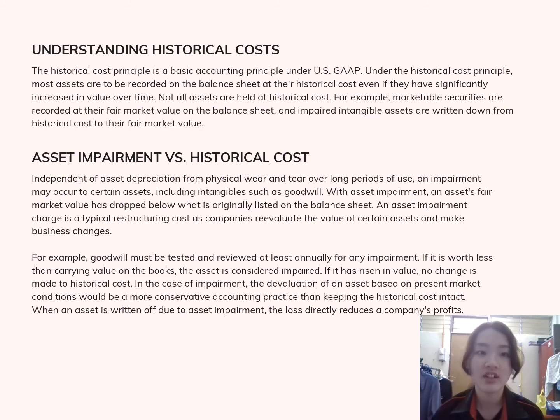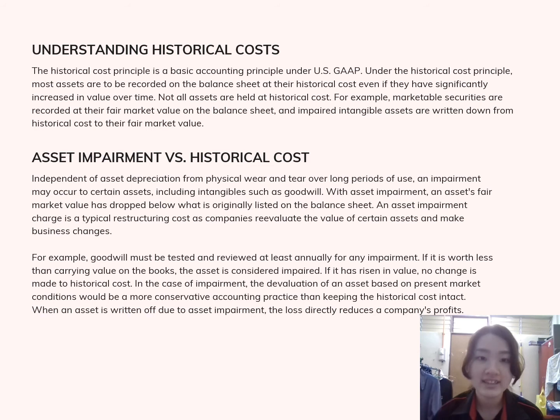Understanding historical cost. The historical cost principle is a basic accounting principle under US GAAP. Under the historical cost principle, most assets are to be recorded on the balance sheet at their historical cost even if they have significantly increased in value over time.